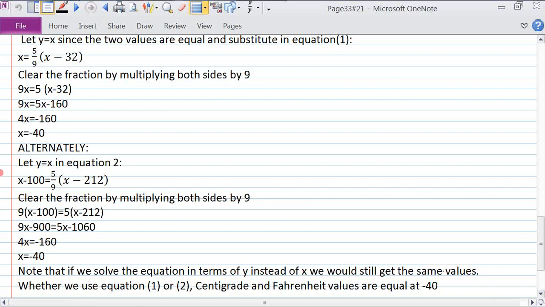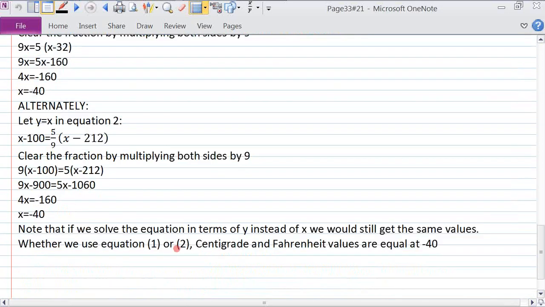I indicated that before. You could go back to the original equations and solve everything in terms of y, and you still get the same value. So whether we use equation 1 or equation 2, centigrade and Fahrenheit values are equal at minus 40.